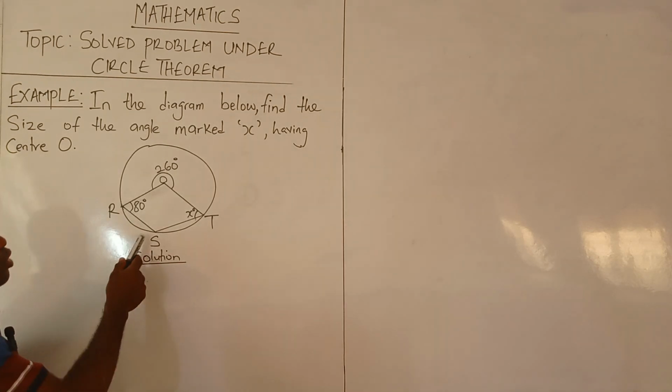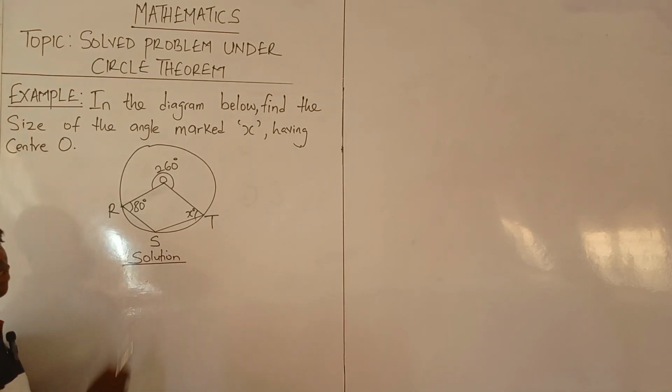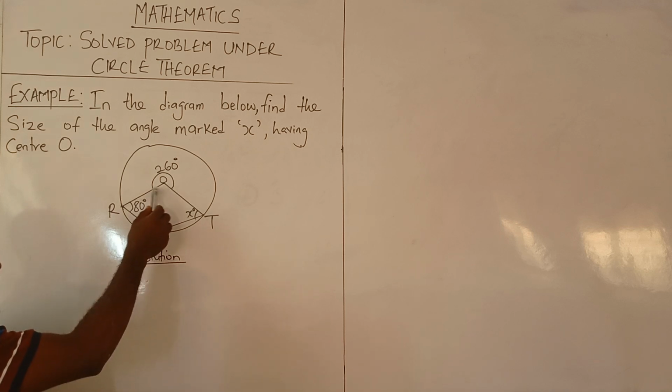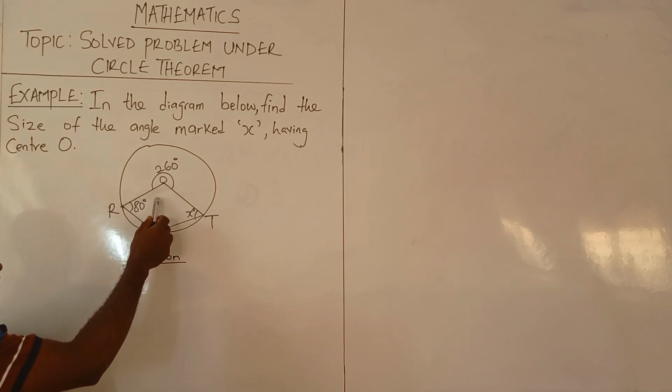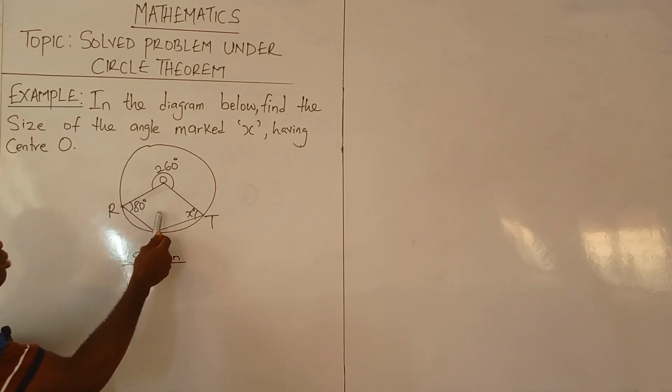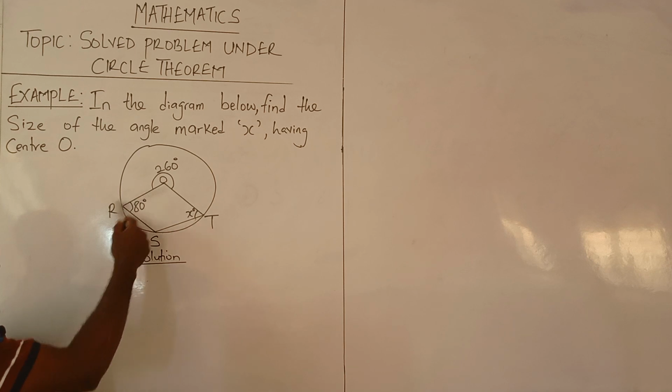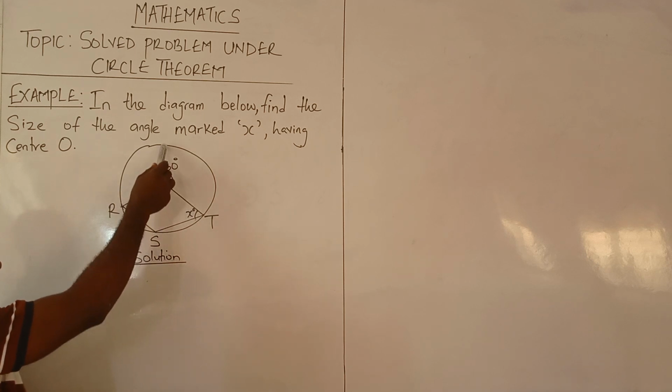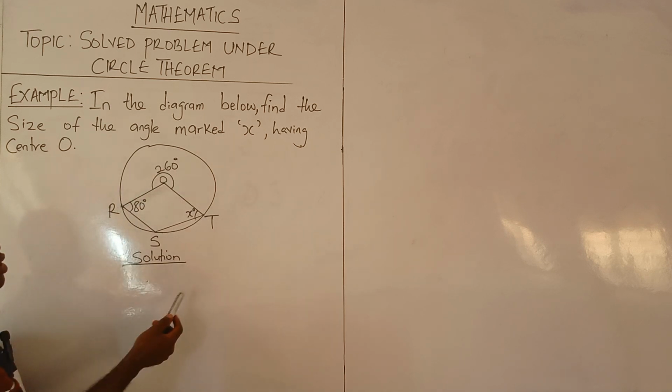On the board, we have a quadrilateral that is placed in a position in which all the vertices do not touch the circumference of the circle.